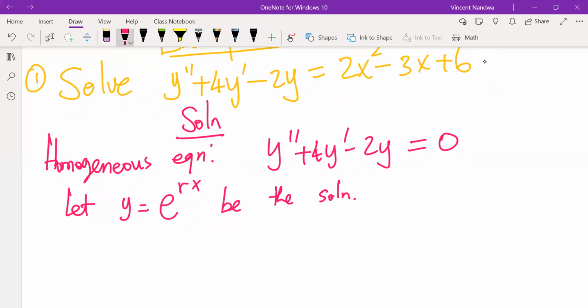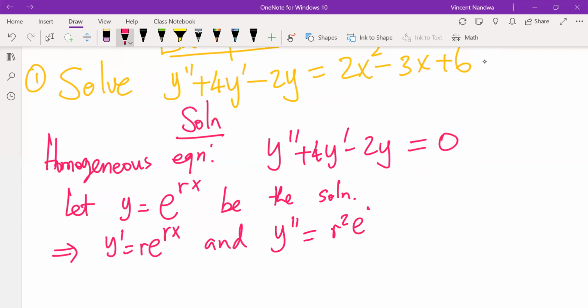So this means that y prime is r e raised power rx and y double prime will be r squared e raised power rx. Now we substitute these values into the homogeneous equation.